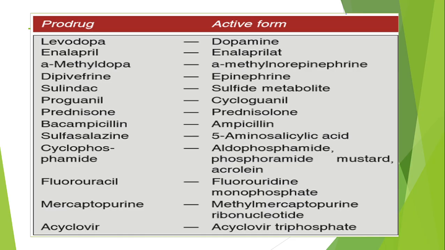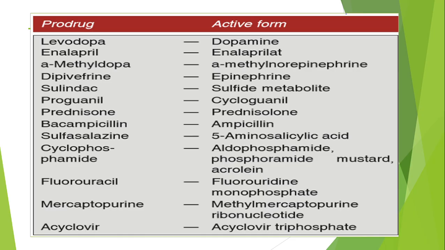It is an ACE inhibitor, angiotensin converting enzyme inhibitor, that is used in the case of hypertension and so on, but nowadays the use is very less. Then the prodrug alpha methyl dopa, whose active form is alpha methyl norepinephrine, is also a drug used in hypertension.